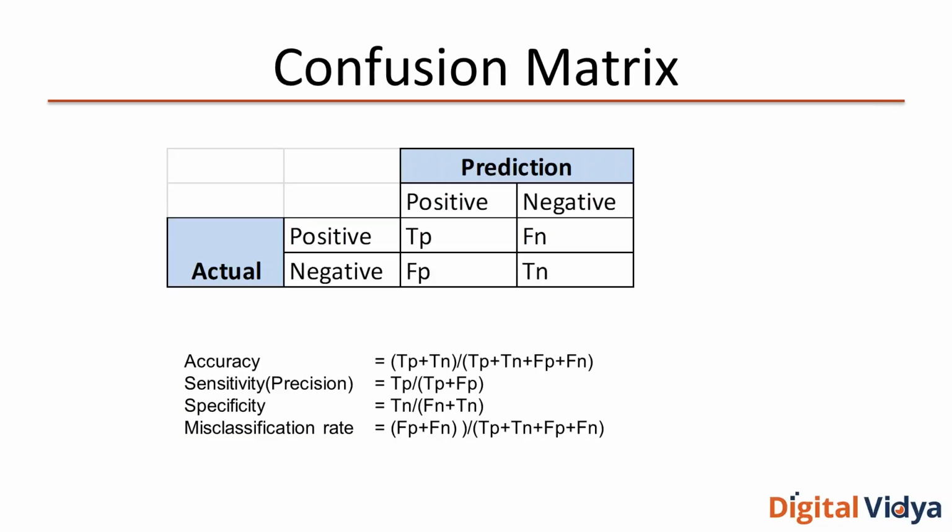If you predicted that he survived and he actually survived, it's a true positive. This is used a lot in drug analytics, when a new drug has been made and tested on different patients, to see how many times it actually worked.